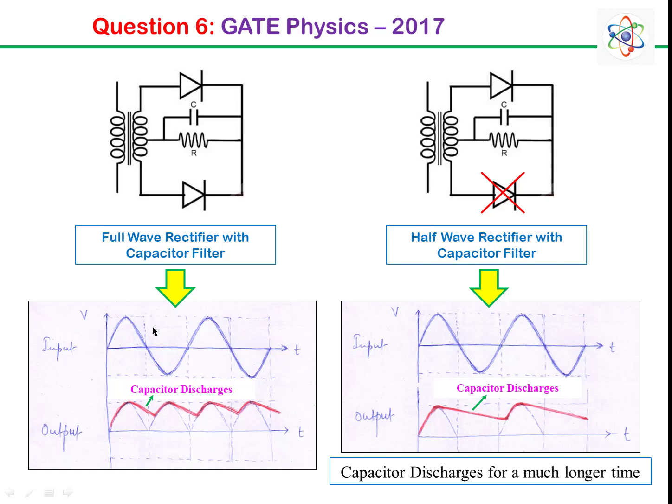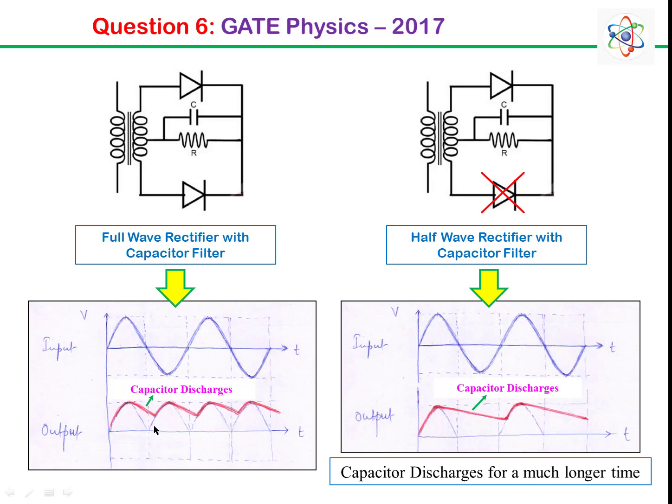And this is the output of the full wave rectifier with capacitor filter, and the output of this half wave rectifier with capacitor filter will look like this. So we can see that the capacitor discharging time in this case is increased as compared to this case. So here the capacitor discharging time is small, here it is large.